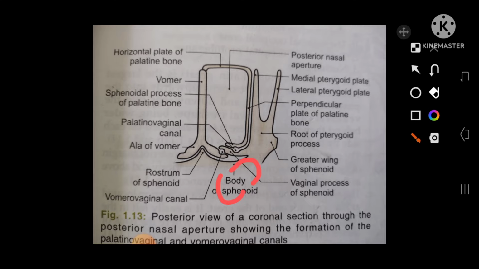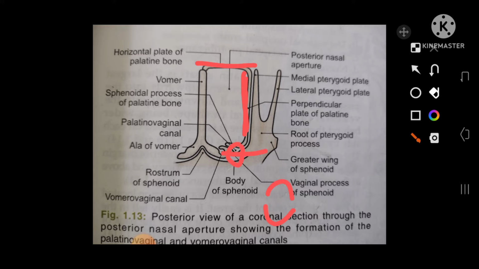Same way you can see over the upper part another canal is formed. Here it is formed between the vaginal process of sphenoid and the perpendicular plate of the palatine bone. This is the horizontal plate, this is the perpendicular plate of the palatine bone. So the canal here forms like this.